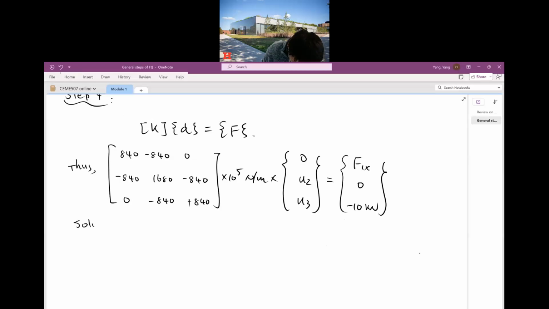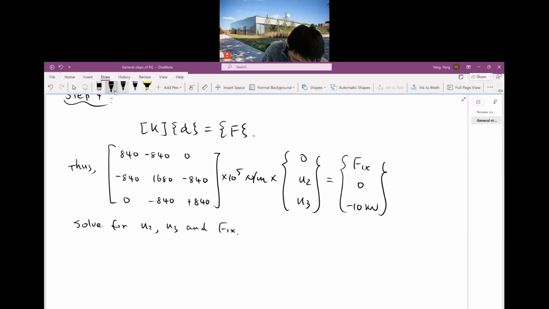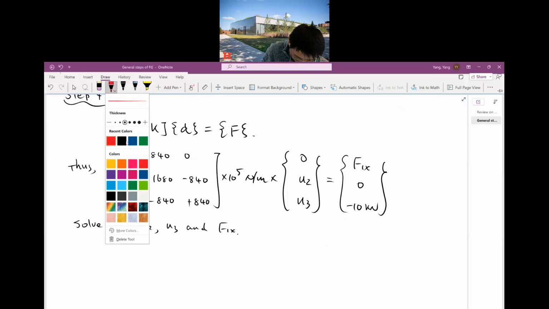So solve for U2, U3, and F1x. That should be easy. Because we have the 0 displacement, we can neglect the first equation and use the second and the third equation to find the U2 and U3.